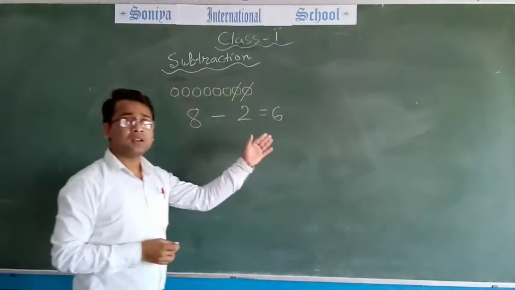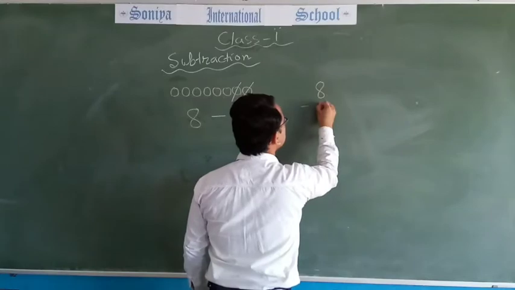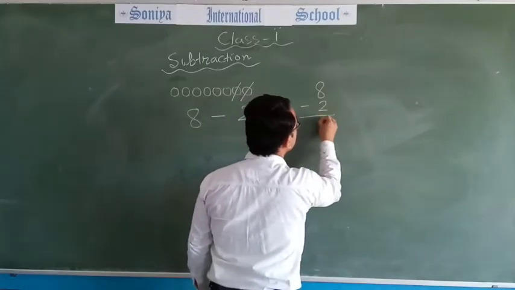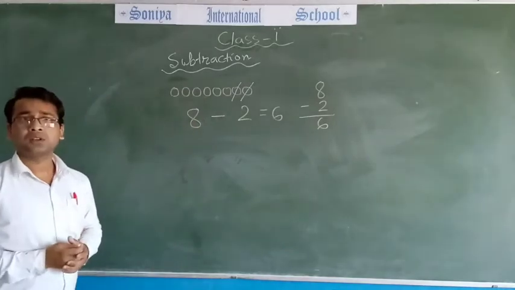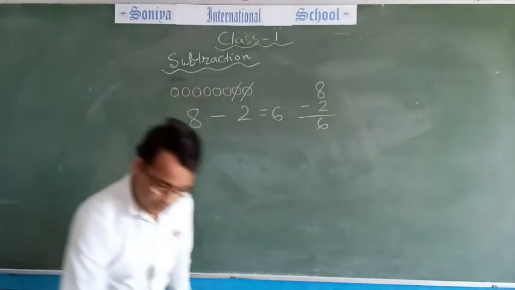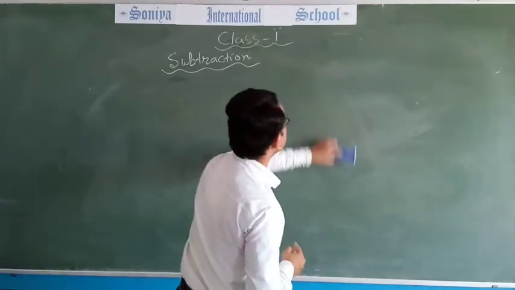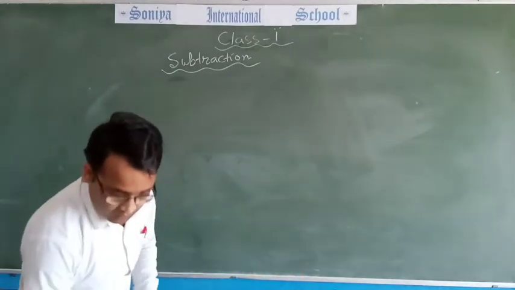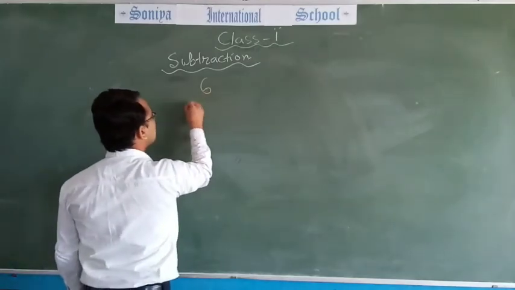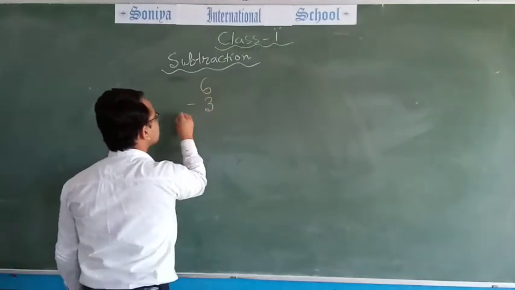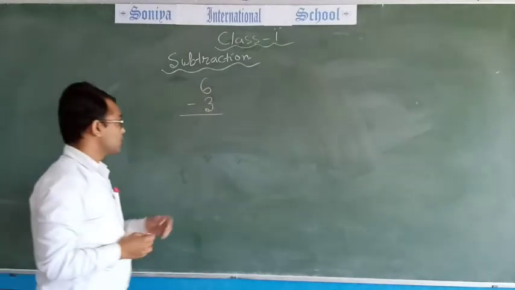And another way, 8 minus 2 is equal to 6. Now 6 minus 3.